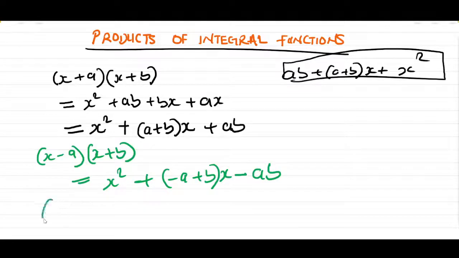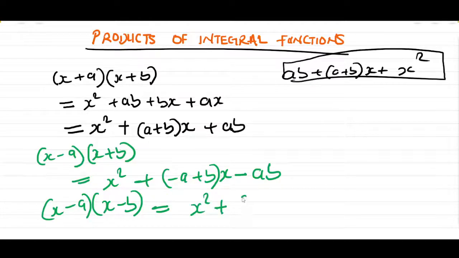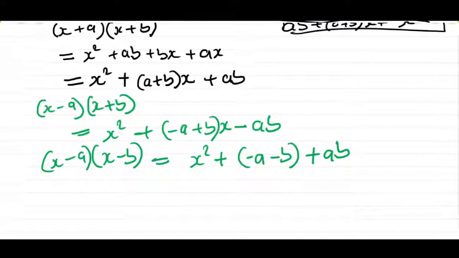And then if we change b to negative as well, this will be x squared, but then we'll be having negative a negative b, then plus ab, because negative a times negative b is plus ab.